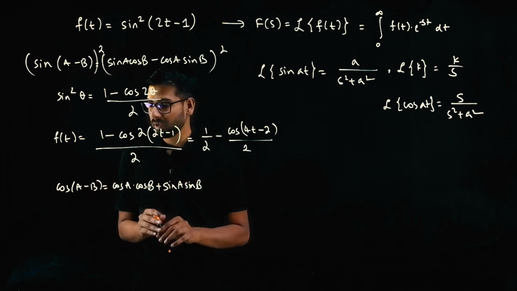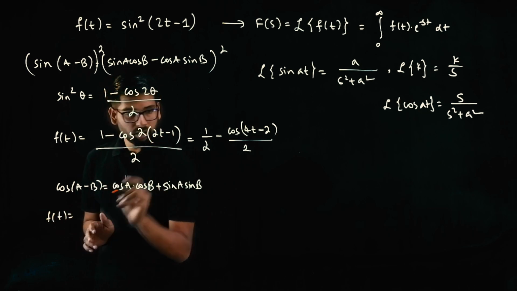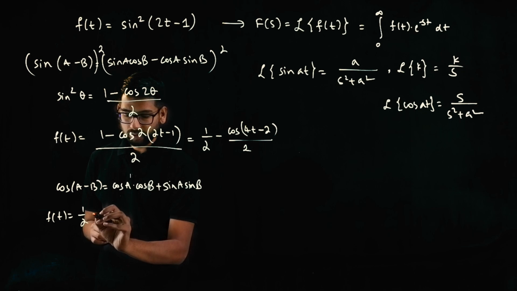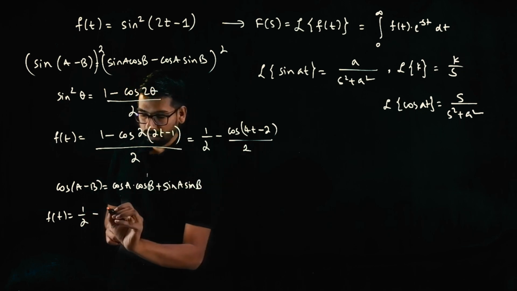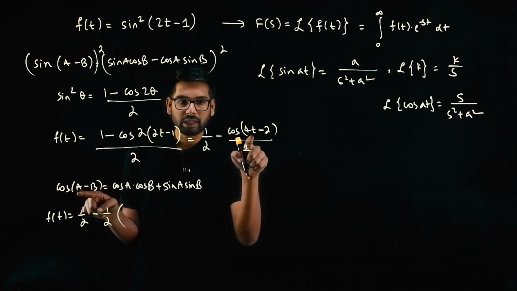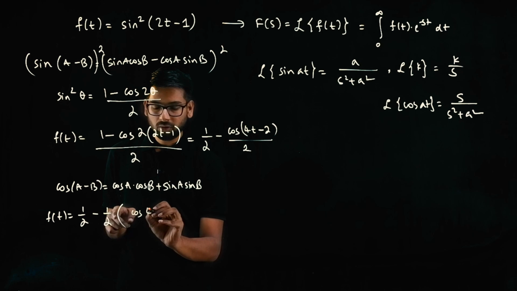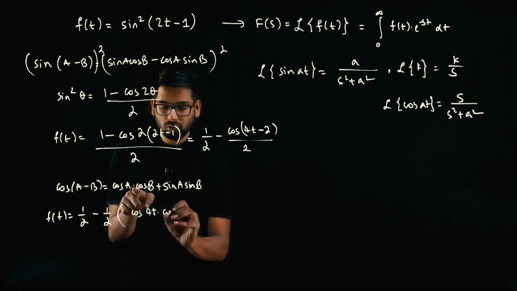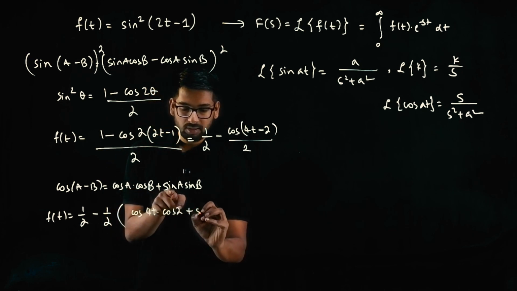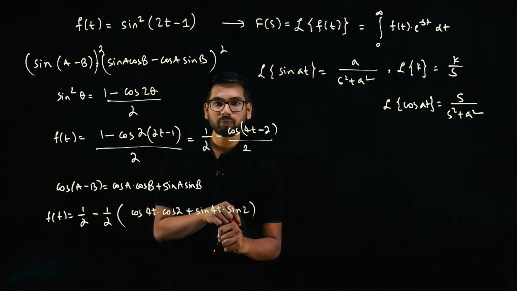That is intentional. So using this formula, I'll get f of t as 1 by 2 as it is, minus 1 by 2, which I'll take outside, and in place of a we have 4t, in place of b we have 2. That is cos 4t into cos 2 plus sin 4t into sin 2.